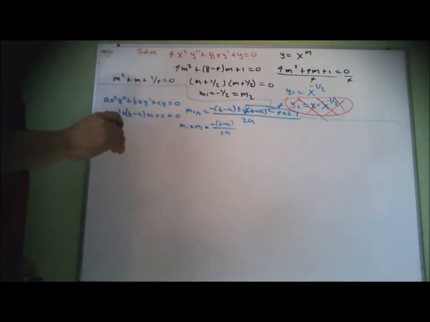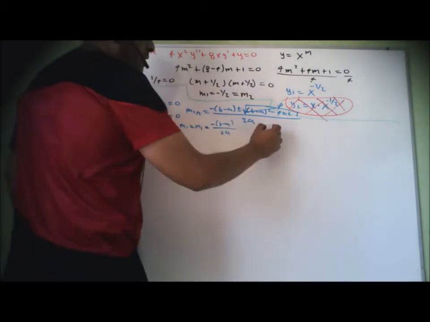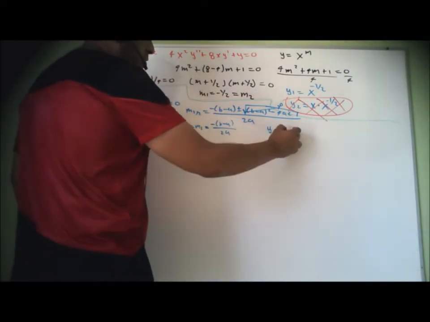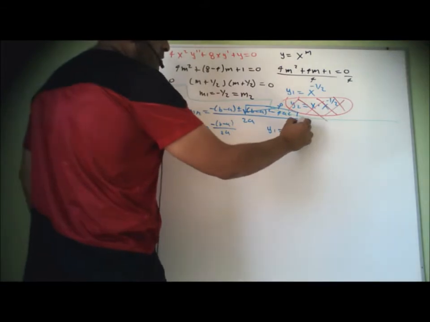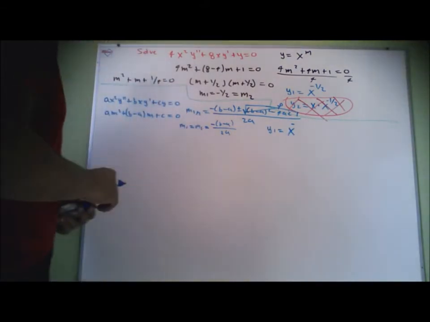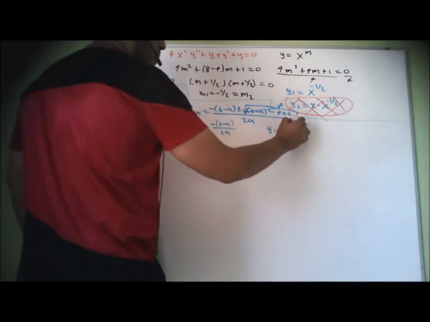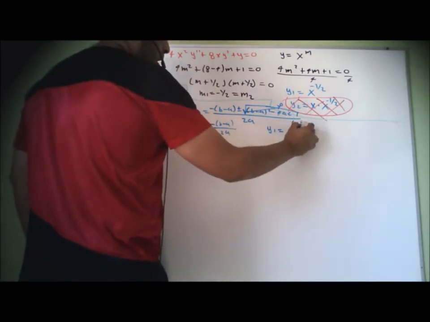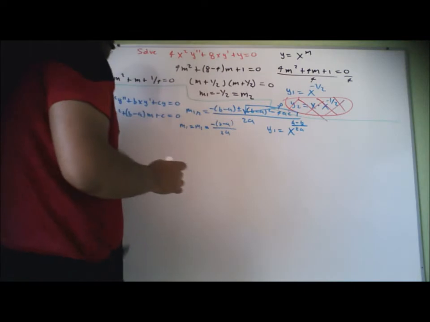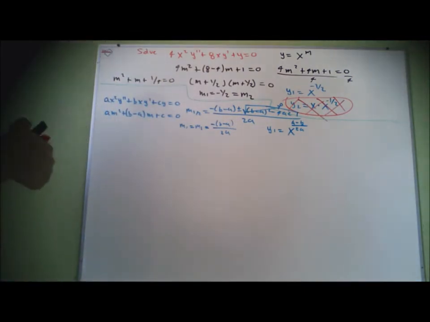So that means that my first solution, y1, is going to be x to the power of minus (b minus a) over 2a. So that is my first solution, in the general case.